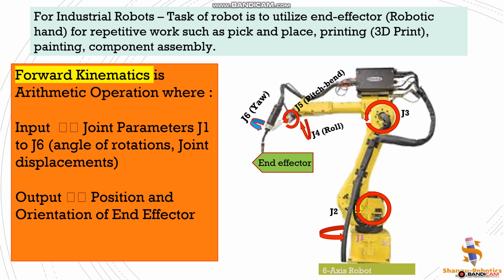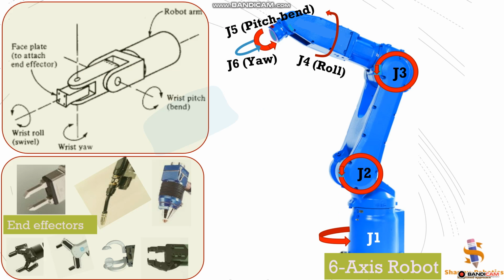Now let us see the definition of forward kinematics. It's the arithmetic operation where inputs are joint parameters like angles and displacements, and outputs are position and orientation. This is another example of a six-axis robot. As I said earlier, end effectors can be anything based on your application. If you are planning to do welding, then you will have a different end effector, and if you are painting, you will have a different end effector.